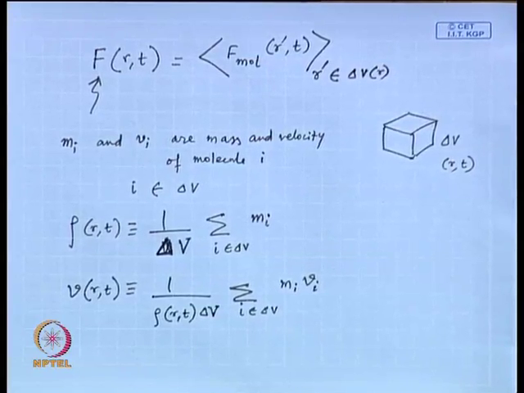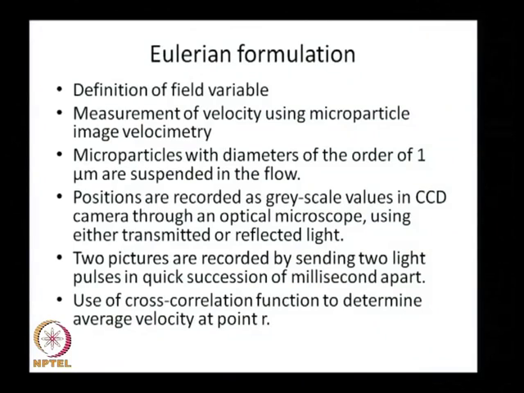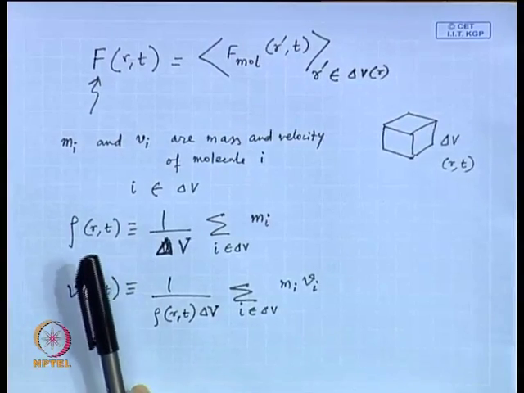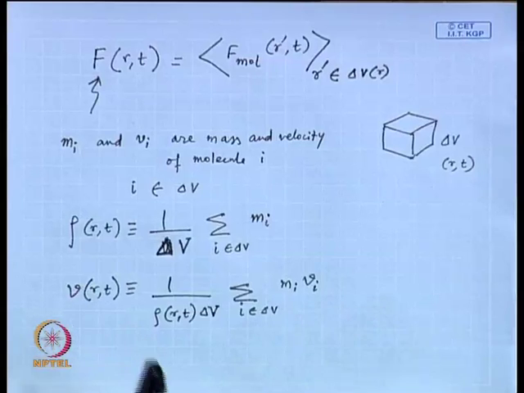So, what is done here is that you have defined these field variables, one is density, another is velocity, and that is defined for all the molecules existing inside this volume element delta V.